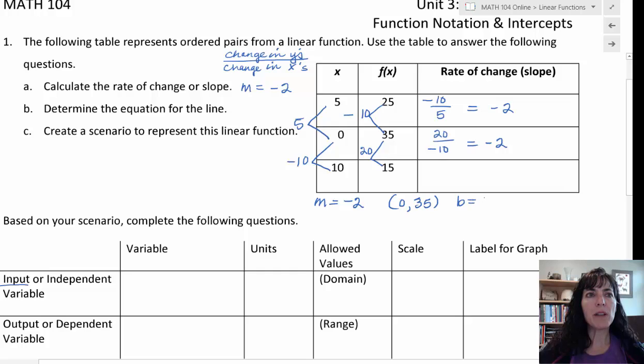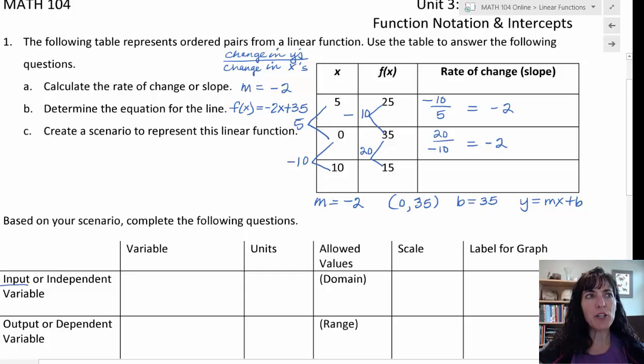That means my b is 35, and I can use that form y equals mx plus b, but I'm going to write it in terms of the variables that I have here. So my equation for my line will be f of x, instead of the y, equals negative 2x plus 35.